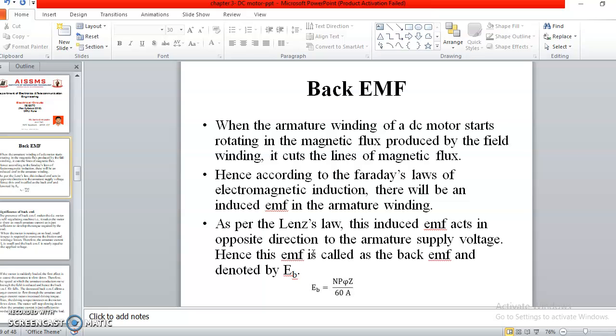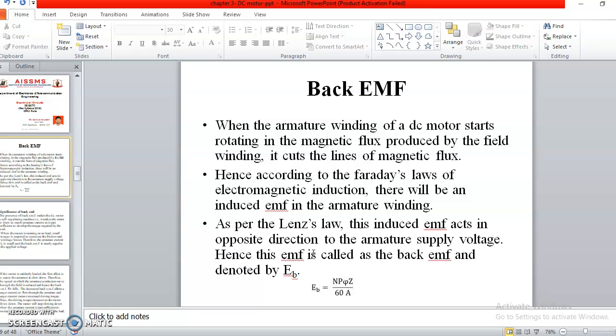The value of back EMF is given by the same formula which is used for the generated EMF in a generator, that is P phi N Z upon 60A. Only here we use the suffix B, EB for back EMF.